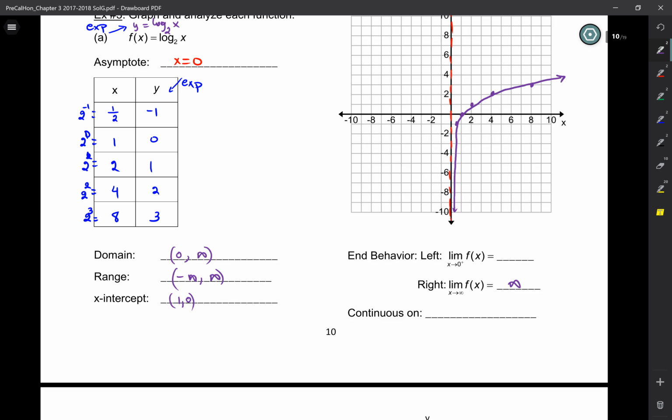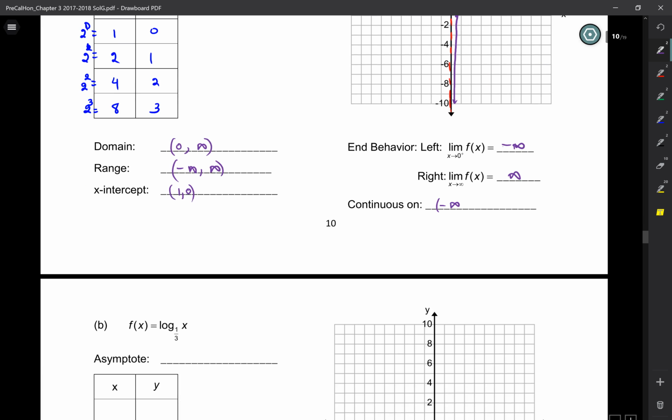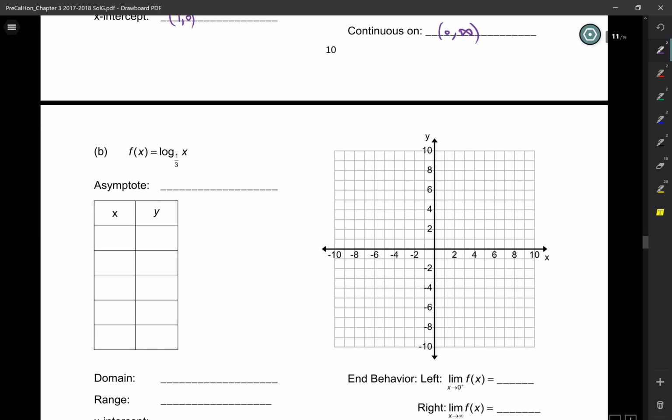We say what happens as x approaches 0 from the positive side. So as x approaches 0 from the positive side, what's happening to the graph? It's going down to negative infinity. And it's continuous everywhere on its domain, which is from 0 to infinity.